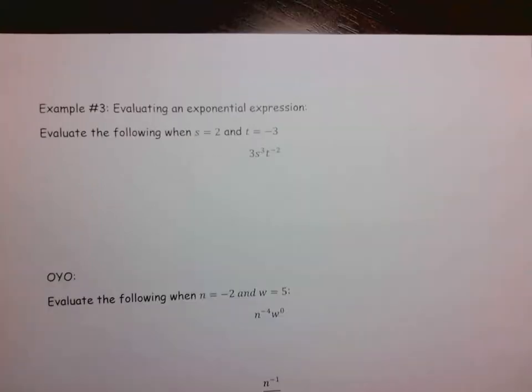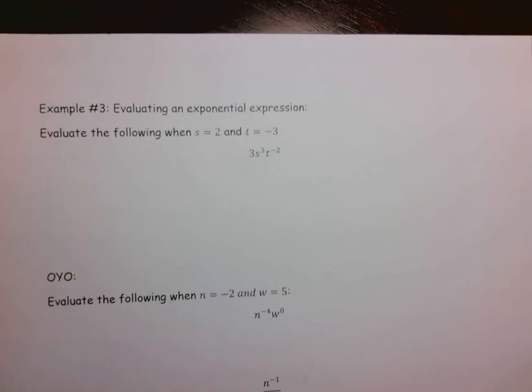And finally, example number 3, evaluating an exponential expression. It says, evaluate the following when s is 2 and t is negative 3. You can go about this one of two ways, and one way is not any better than the other. It's all personal preference.